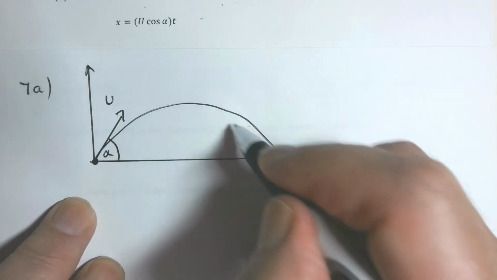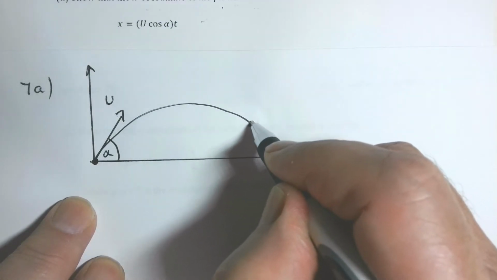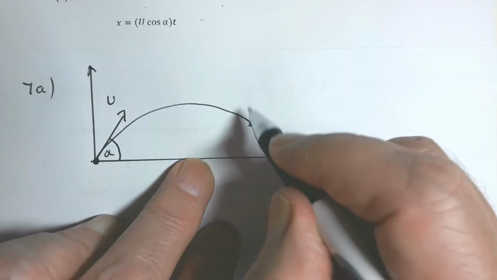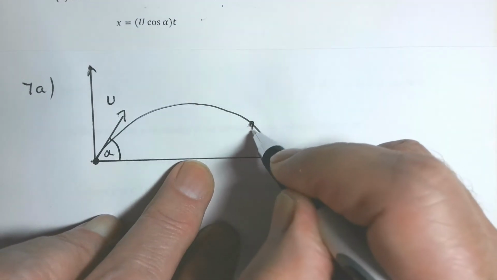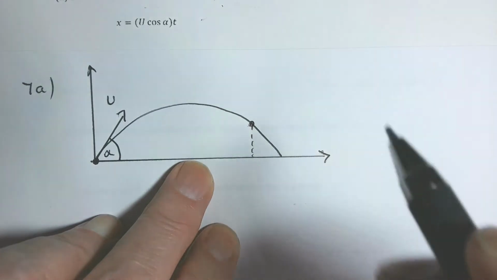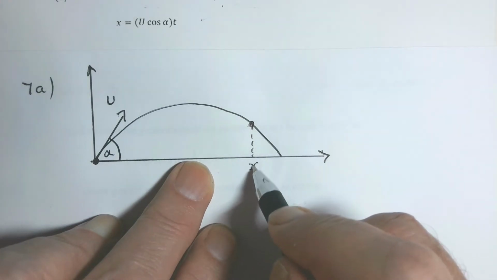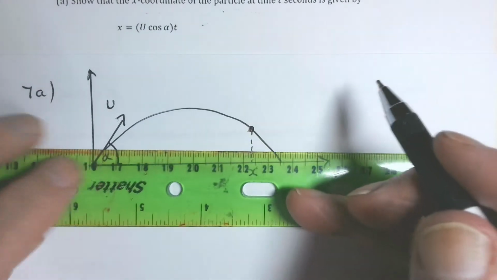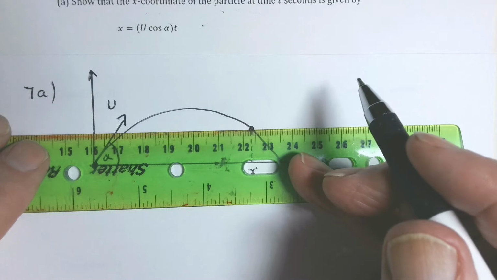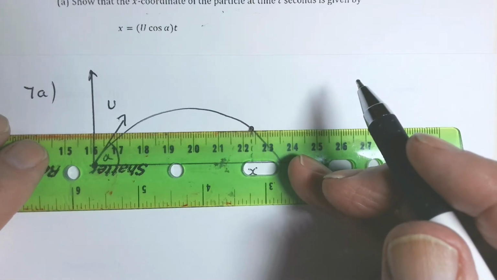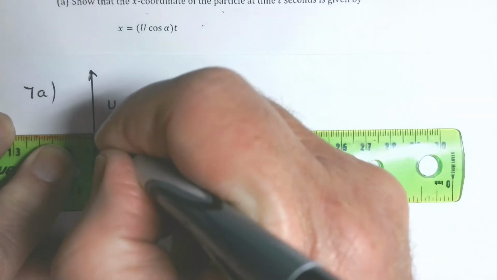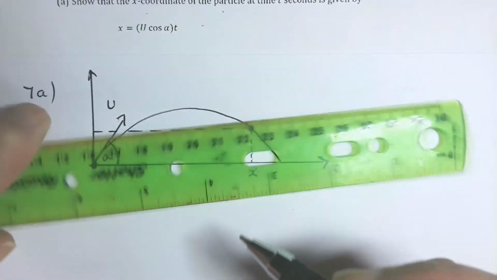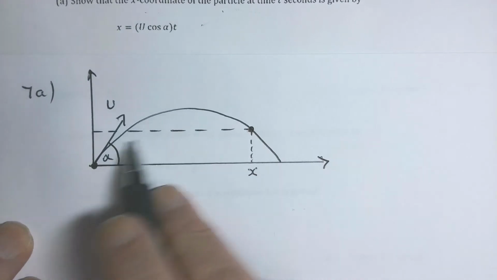So if this is a general point on the path of the trajectory, then after a certain time t, it's going to have an x coordinate of x and a y coordinate of y. We're not interested in y at the moment, only in x for part 1, but I'm going to draw the y on there.